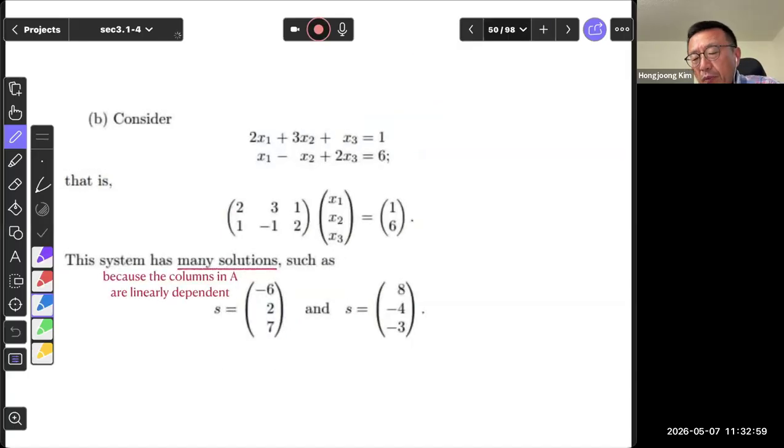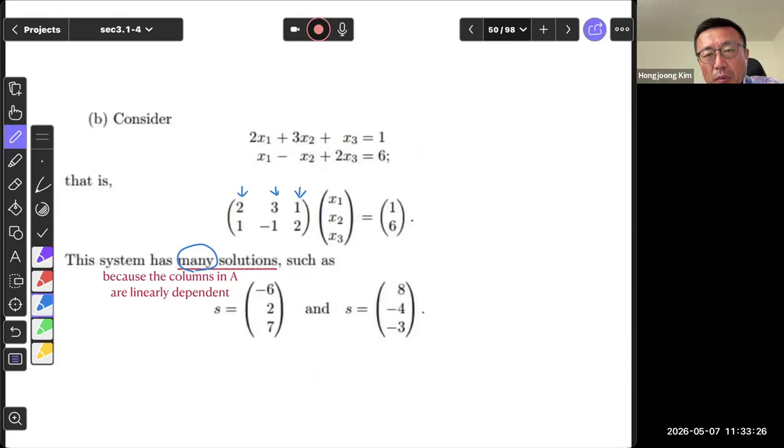In example 2, we have a problem where there are many solutions. As you can see, the columns of the coefficient matrix are not independent because you have more columns than the number of rows. Do you understand what I am saying?